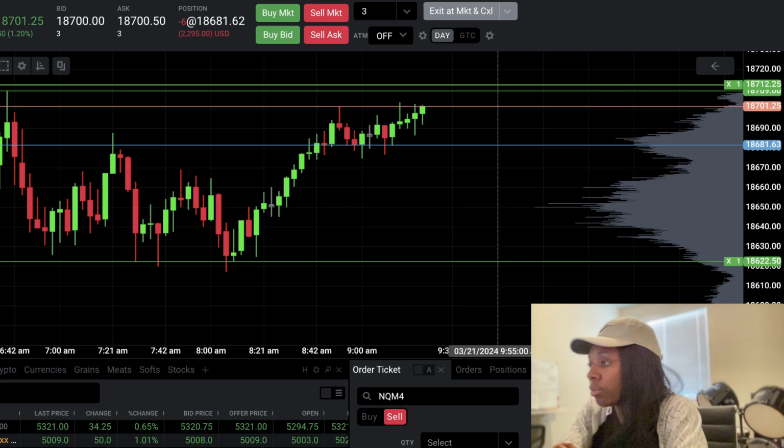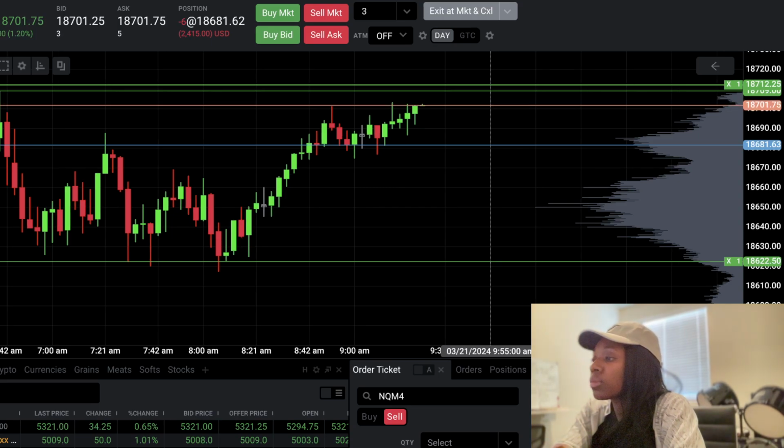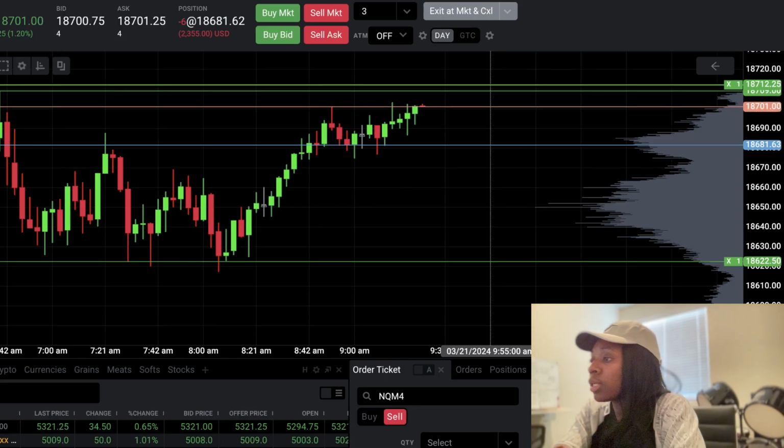Yeah, this is looking pretty bullish right here. Tiny little gap up, filling the gap.